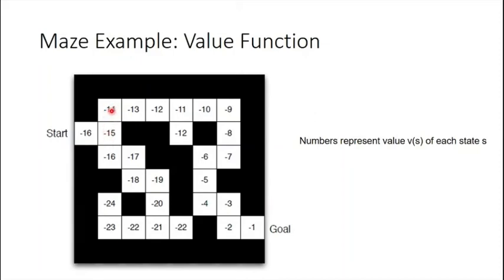The agent will jump from here to here, and then it will go here because the values are decreasing. Once it reaches here, it again has three options: go here, go here, or go here. So it will check the value functions at each of these three cells. It finds that the lowest value is at this point, so it will jump here, and it keeps on going all the way till it reaches the goal.